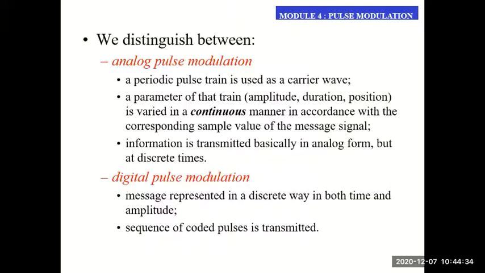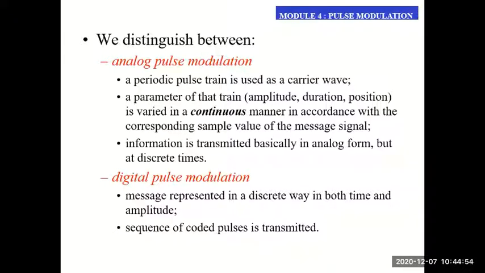Now, digital pulse modulation. Here the message is represented in a discrete way in both time as well as amplitude. Both x and y axis are discrete, or they are represented in steps, time as well as amplitude.